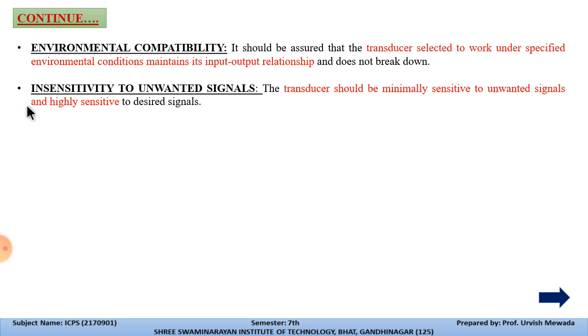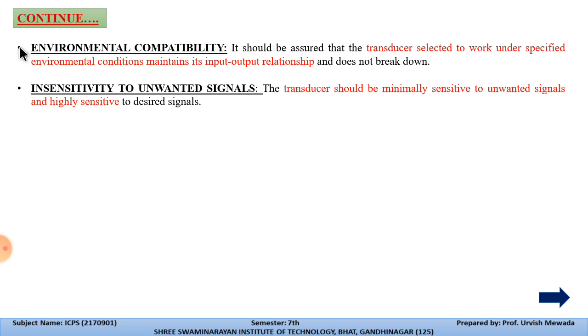Now, insensitivity to unwanted signals. Here I want to explain that we basically use these transducers in industry. Industry has a very noisy atmosphere and very large vibrations at the premises, and that can harm the performance of the transducer.